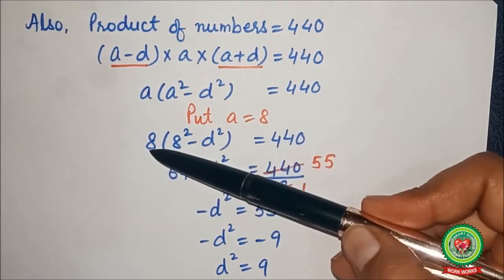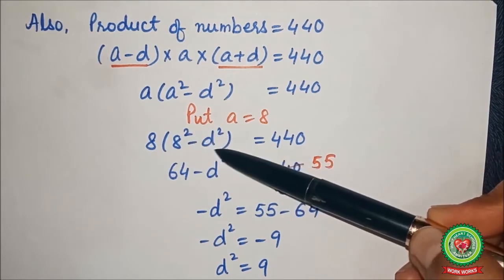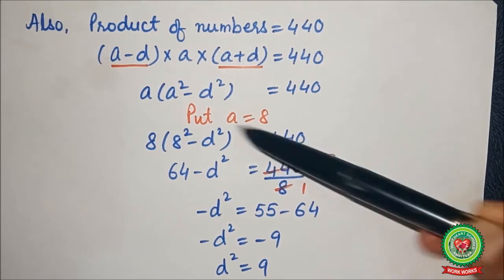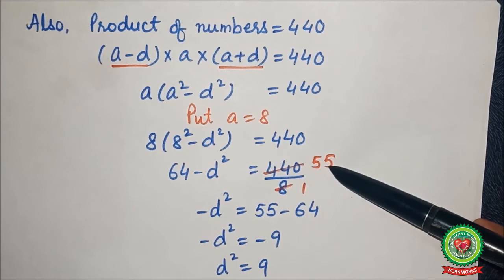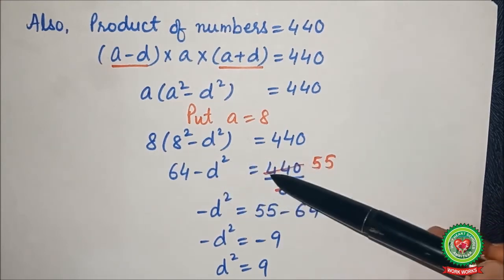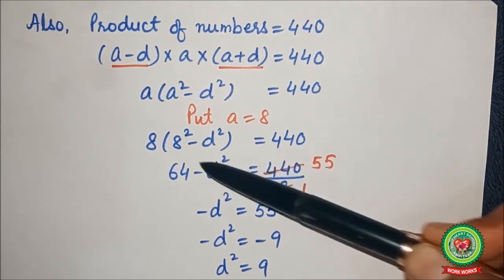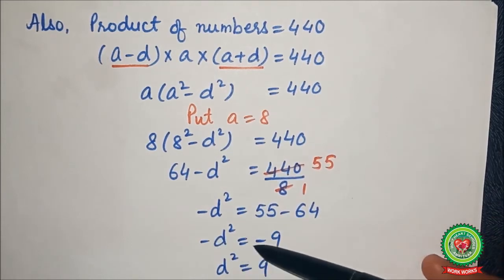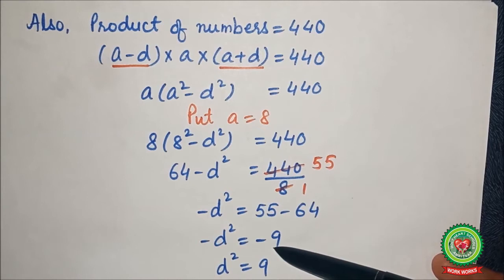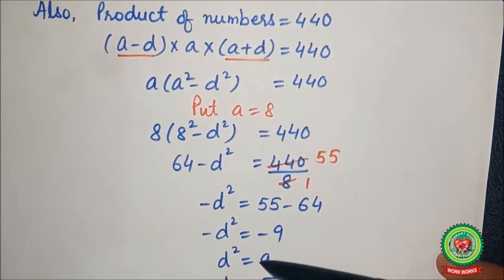We get 8 multiply 8 square minus d square is equal to 440. On shifting 8 on the right hand side, we get 55. Now 64 minus d square is equal to 55. On shifting 64 and subtracting, we get minus d square is equal to minus 9. Here minus cancels with minus. So d square is equal to 9.